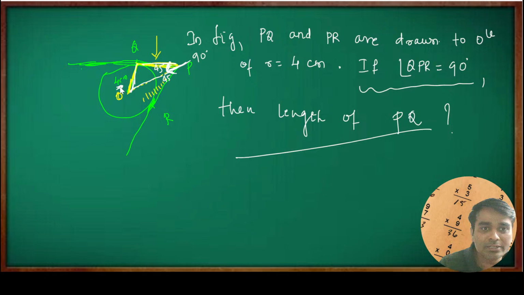So now see, this side is how much? 4 centimeter. One side is given to us, which is 4 centimeter. So simply now what will happen? If this is 45 and we know this is how much? This is 90 degree here. This angle is 90 degree because radius and tangent are meeting here. So this is 90 and here we have 45. So the remaining third angle will also be what? 45 degree.